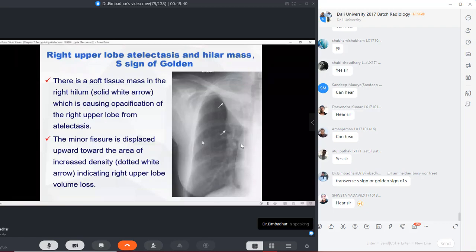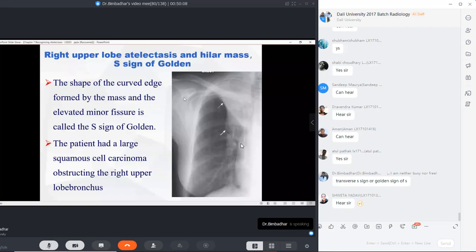The simplest definition is present inside the practical slides, but remember, right upper lobar atelectasis along with a hilar mass will give the golden sign of S. It is actually happening because of upper lobar bronchogenic carcinoma. Okay, golden sign of S is seen in upper lobes. That's it. So this patient is suffering from a squamous cell carcinoma in the upper lobar bronchus.